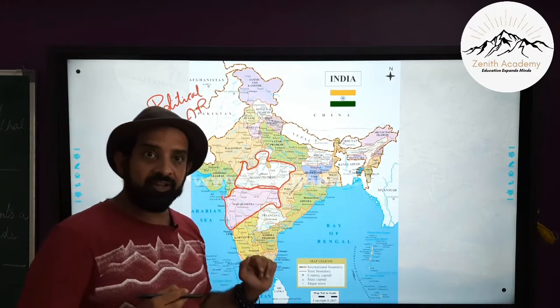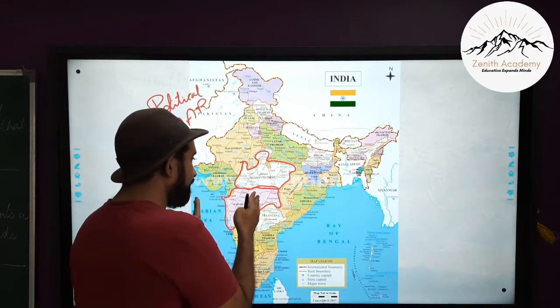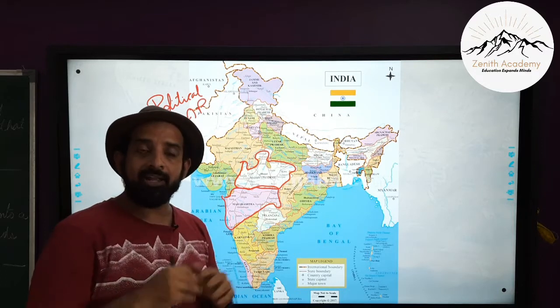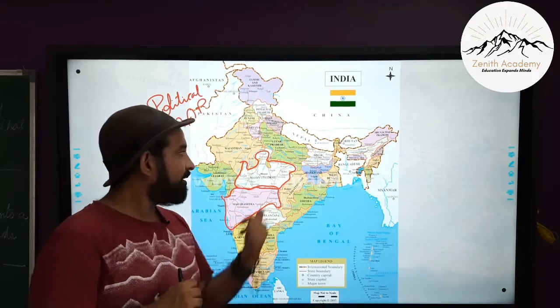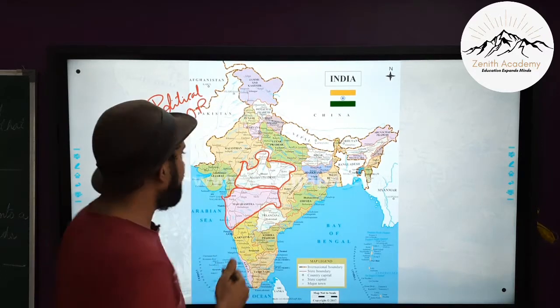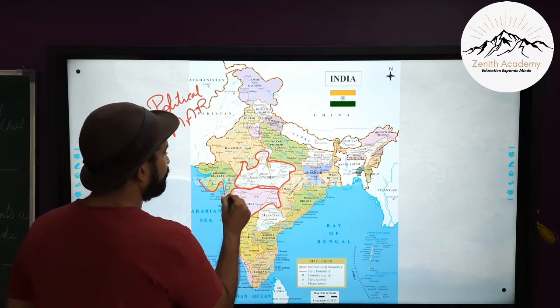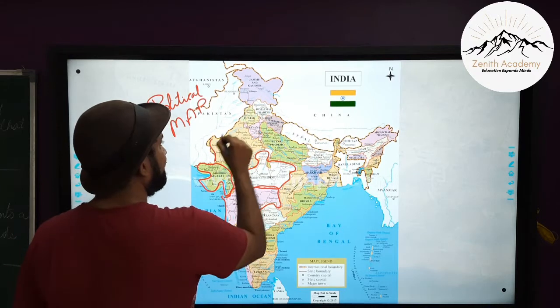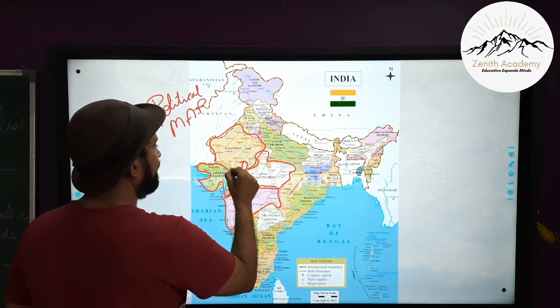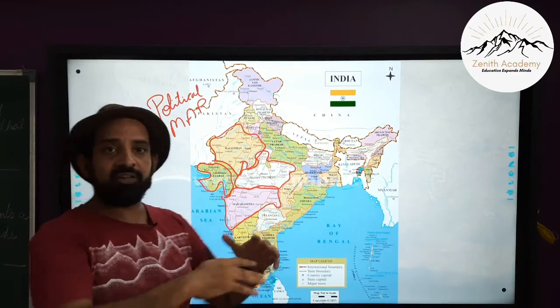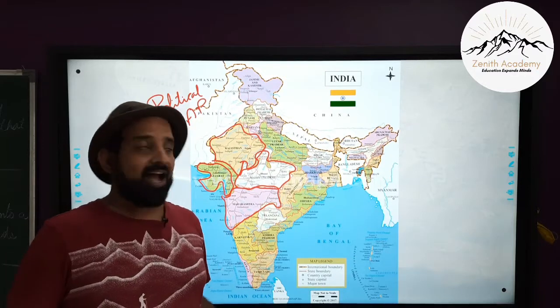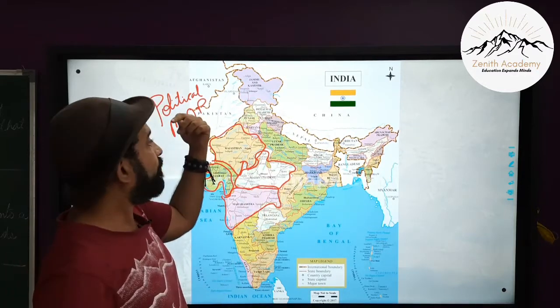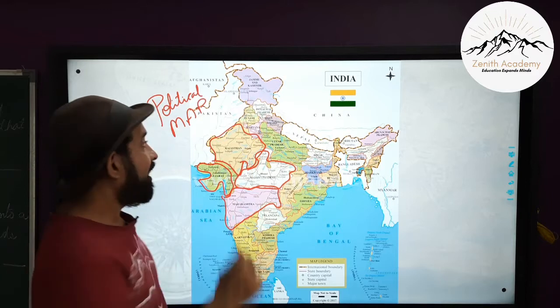The borders are clearly defined. The Maharashtra area is ruled and governed by the Maharashtra government, Madhya Pradesh by the Madhya Pradesh government, similarly Gujarat by the Gujarat government, Rajasthan by the Rajasthan government, but with a very clear demarcation of the boundaries. Hence, this is again a political map of India.